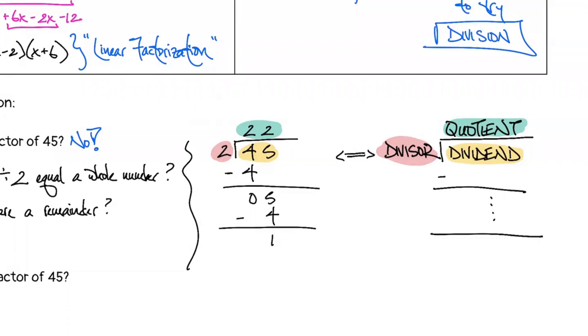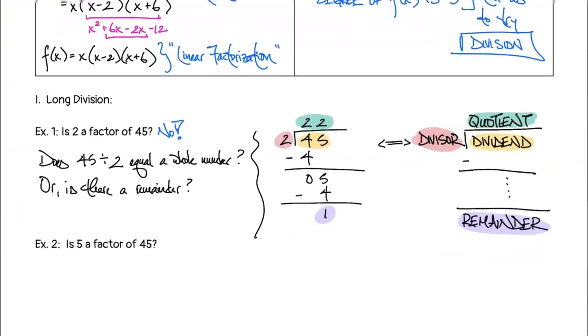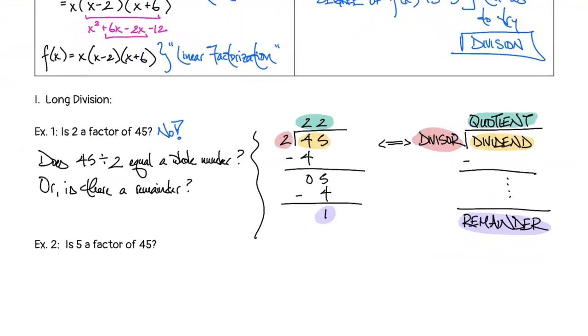Yeah, that one is like a leftover, or in mathematics, we call that a remainder. All right, so this down here means we have a remainder, right? So you folks were correct. Is 2 a factor of 45? No, it's not. And in fact, we could say, no, it's not, because there is a remainder.